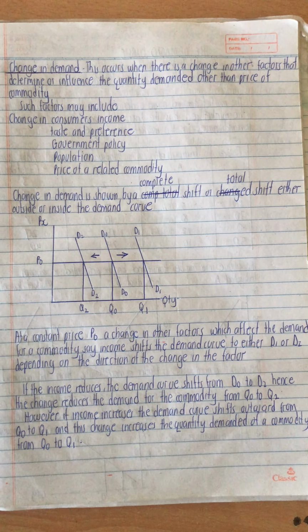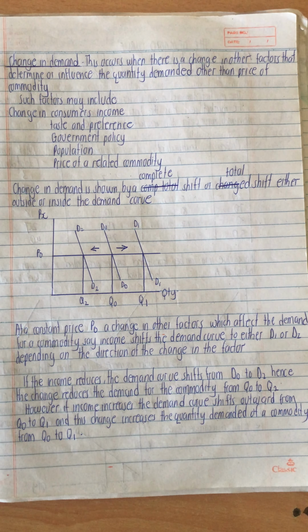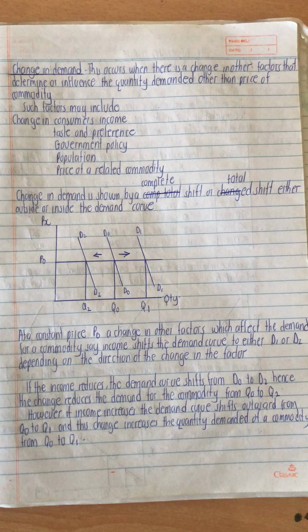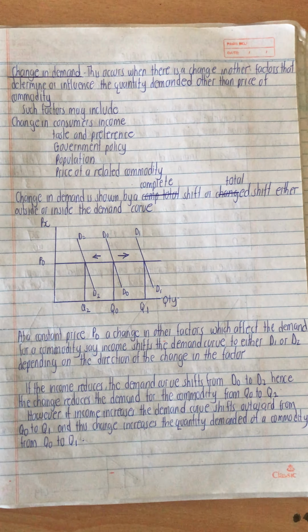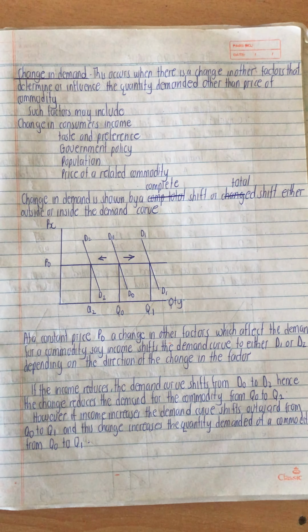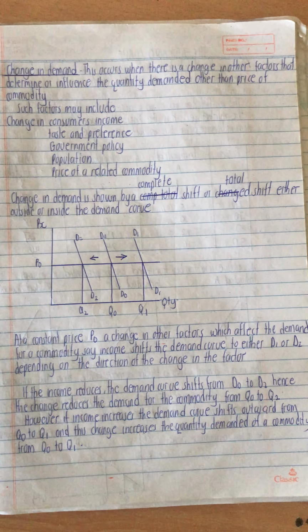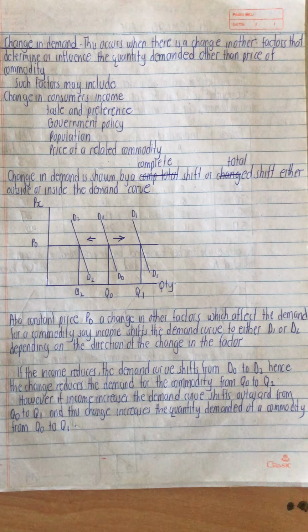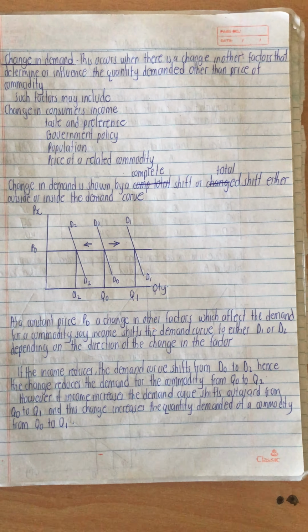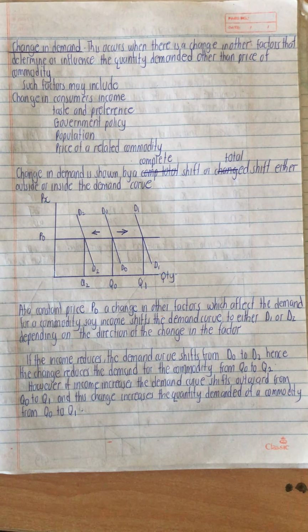So, as we continue, there's a graph that shows change in demand. Change in demand is shown by a complete shift, either outward or inward, of the demand curve. As we see on the graph, the price is constant and the demand is being affected by other factors.